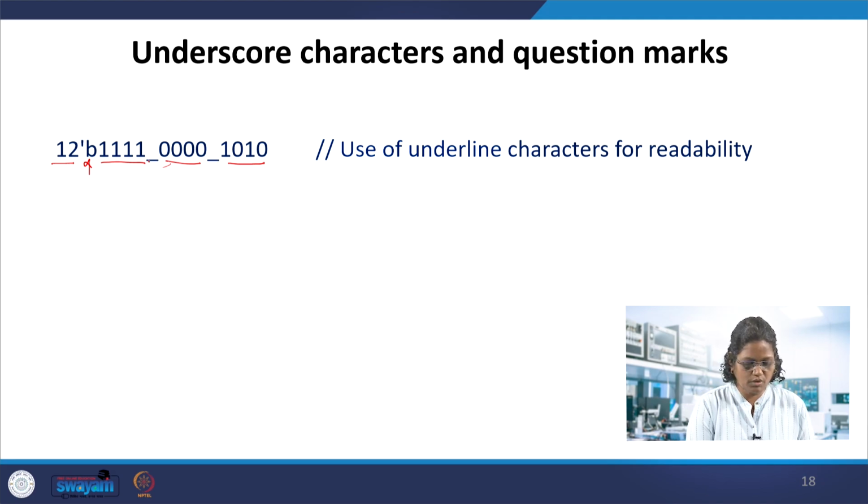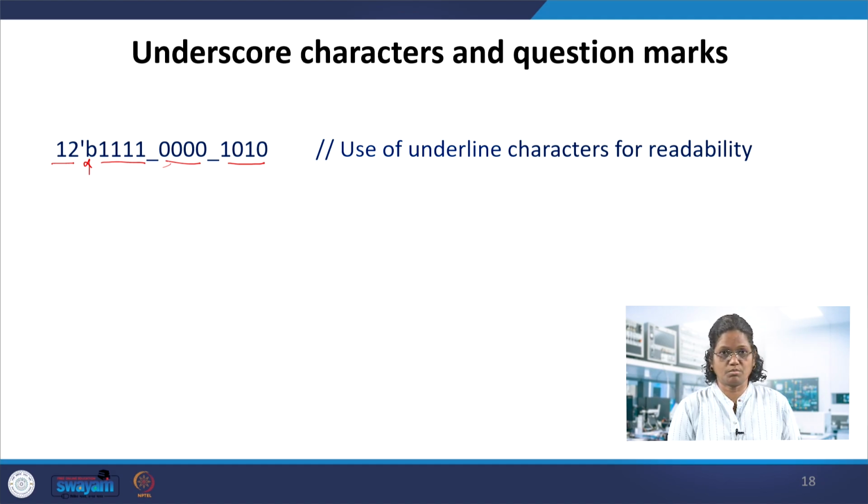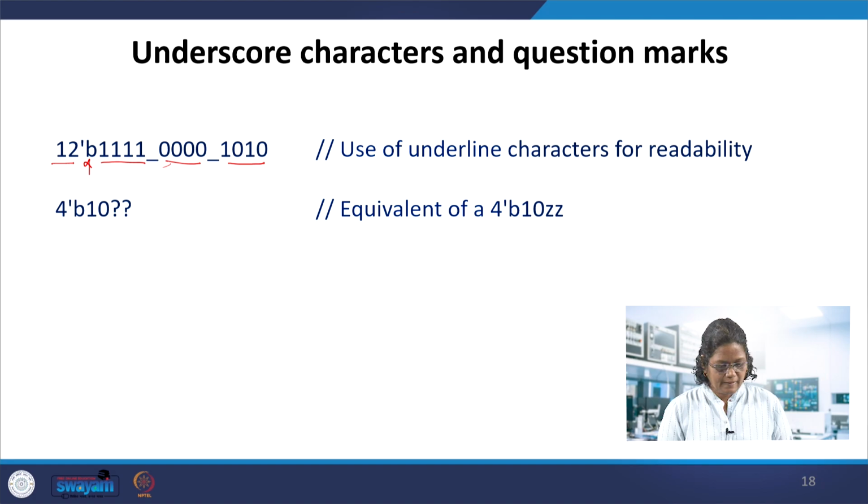So 111, then underscore, 000, underscore, 1010 is acceptable in the specification. It's a 12-bit binary number, the base format is B, and it has 4 bits between underscores, which gives better readability.